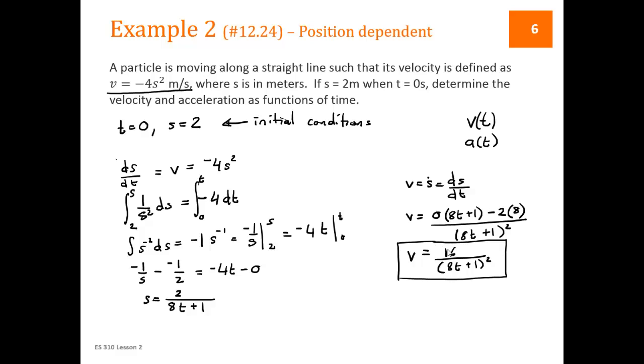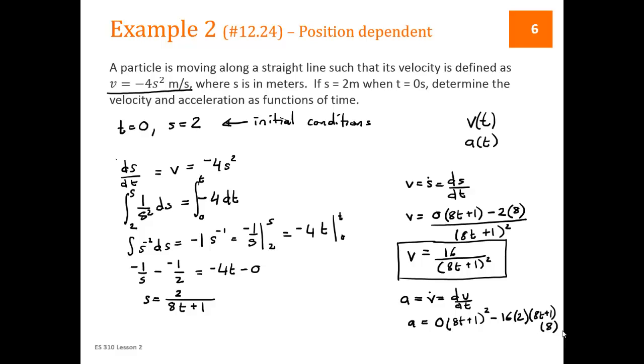To find acceleration, we do it again. Acceleration is equal to v dot, which is the time derivative of v. So acceleration is equal to the time derivative of this expression, so derivative of the top times the bottom minus the top, which is 16, times the derivative of the bottom. We have to use chain rule, so outer derivative, 8t plus 1, times the inner derivative, which is 8.